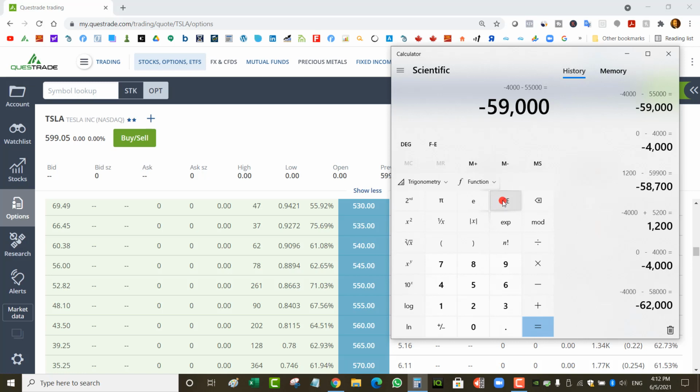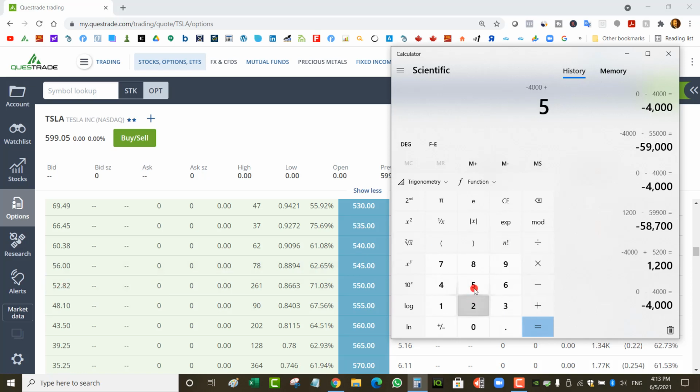But now let's say I don't exercise and I decide just to sell my call option on the market and buy the shares at $599. So initially I paid $4,000 to buy the call option. So I'm down $4,000. And then instead of exercising, I'm going to sell my call option, which is now worth 52.82.